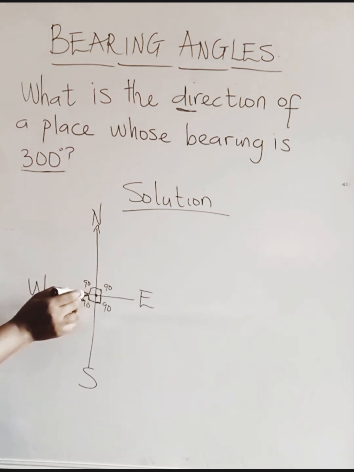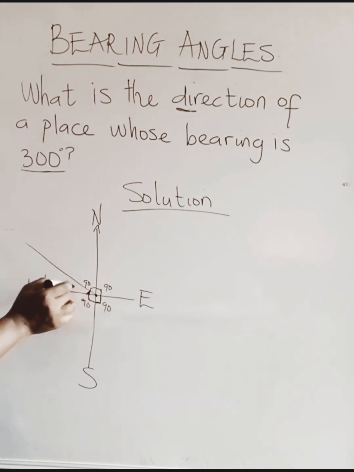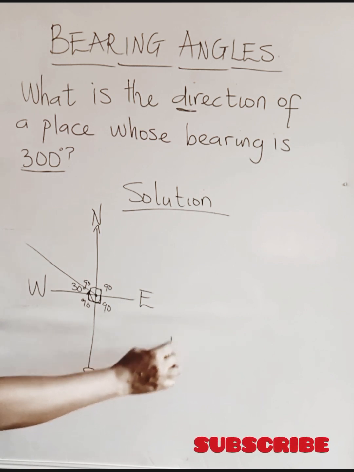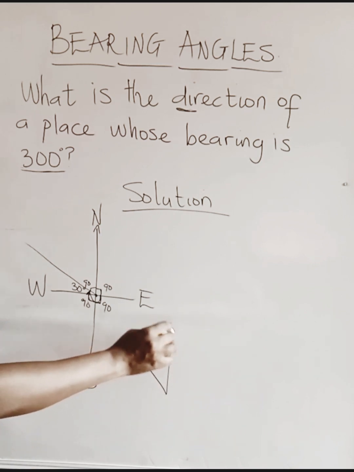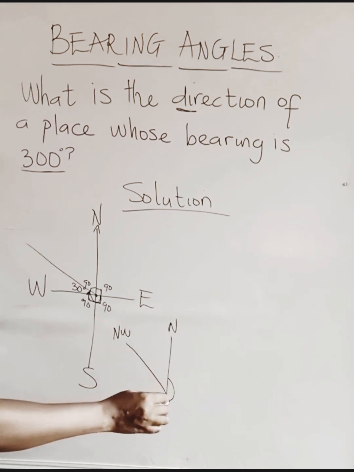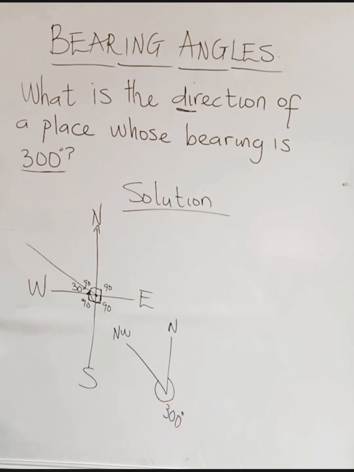So the additional angle here will be 30 degrees. The angle formed now, from the north to this northwest position, is a total of 300 degrees.